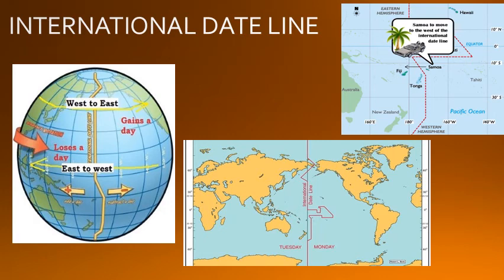It is also known as the line of demarcation. This dateline runs from the North Pole to the South Pole and marks the divide between the eastern and the western hemisphere. As you see in this picture, it is not straight but zigzag, to avoid political and country borders and to not cut some countries in half.